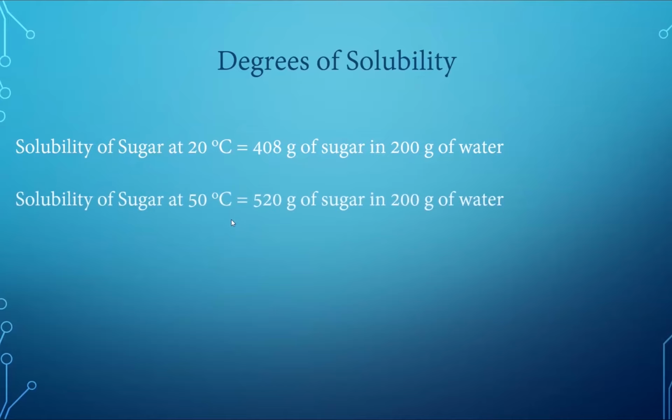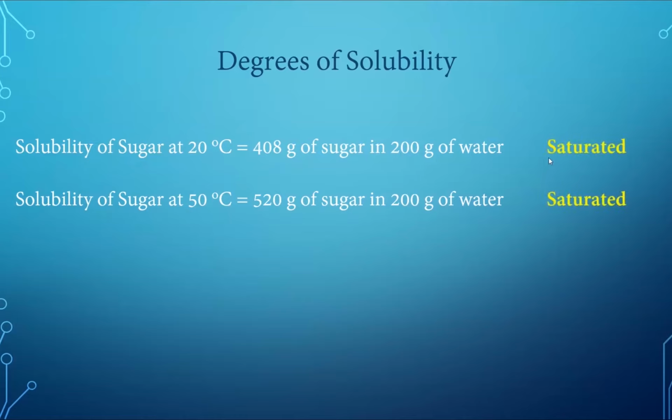If we increase the temperature to 50 degrees Celsius, the solubility rises to 520 grams of sugar in that same 200 grams of water. Now, each of these solutions represents the maximum amount of solute that you can put in a particular amount of solvent at a given temperature.